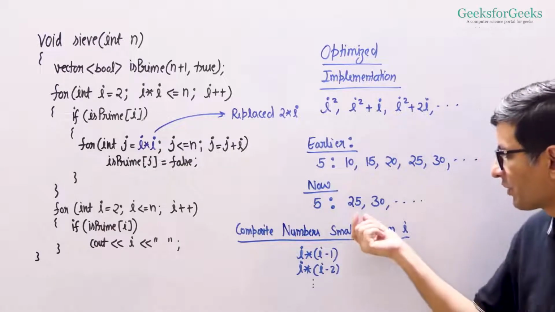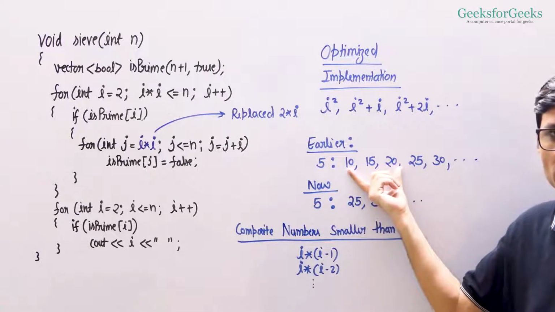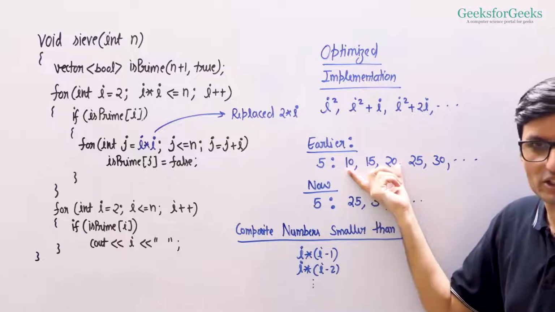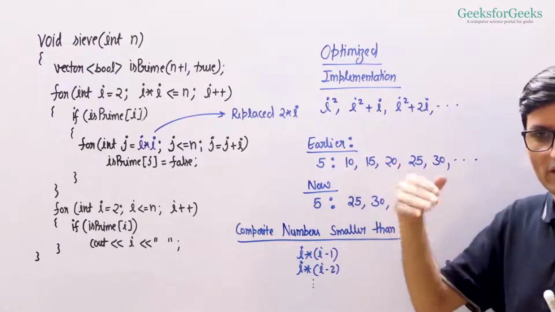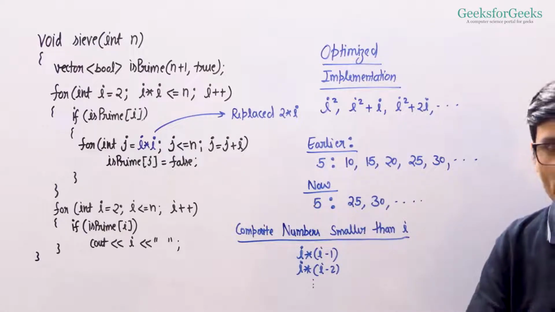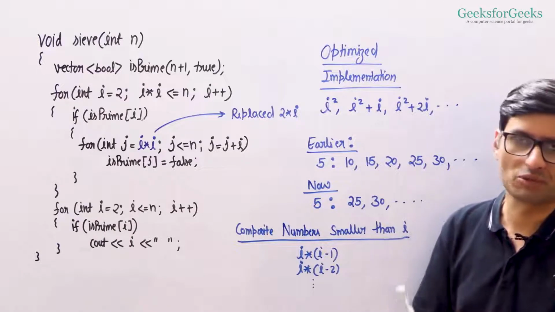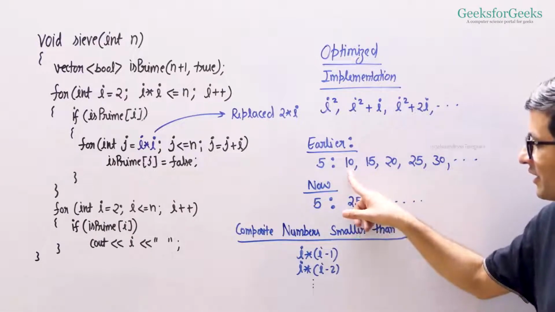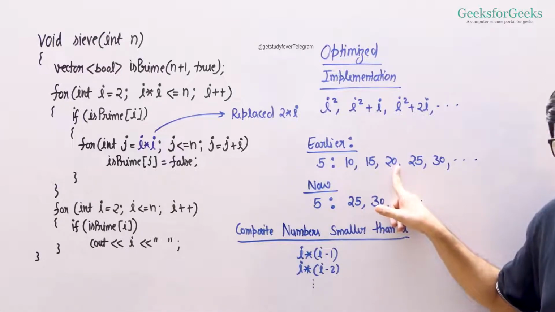When you begin with 25, you ignore these 3 numbers 10, 15, 20. And if you take a closer look at these 3 numbers, they have a smaller divisor than 5. See, we are running a loop from 2, right? So we must have run the loop for 2, we must have run the loop for 3, then we come to 5. So this has a divisor 2, this has a divisor 3, and this also has a divisor 2. The reason is simple.